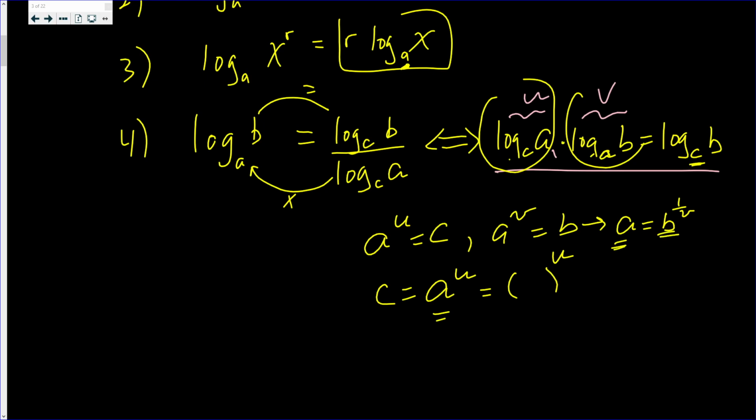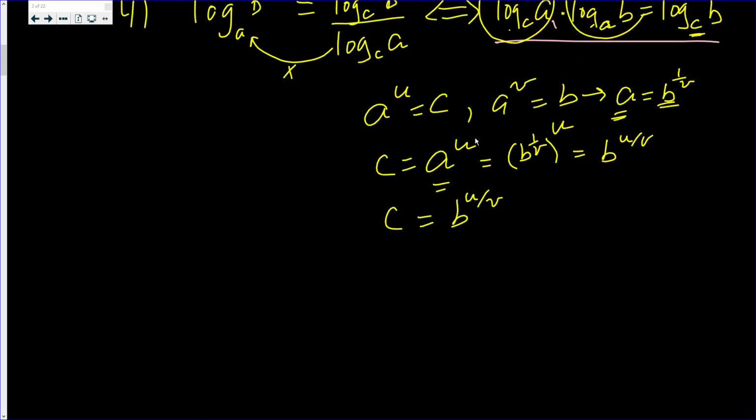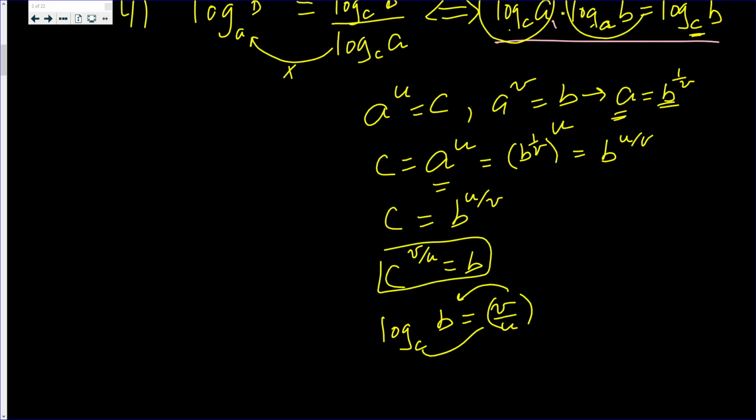Another way of writing A is B to the 1 over V. So this is equal to B to the U over V. That is, C is equal to B to the U over V, or C to the V over U is B. This tells me that log base C of B is equal to V over U. That is, C to this power is equal to B. Exactly what it says.